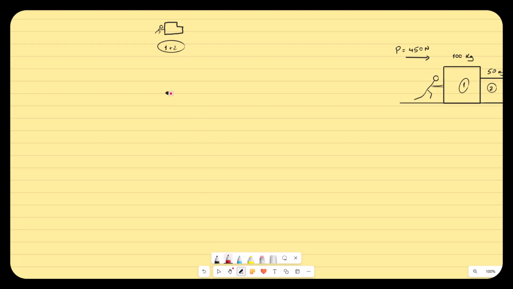I'm going to get my push force to the right, my normal force, and my M times G. I'm going to put a capital M to mean the total mass.